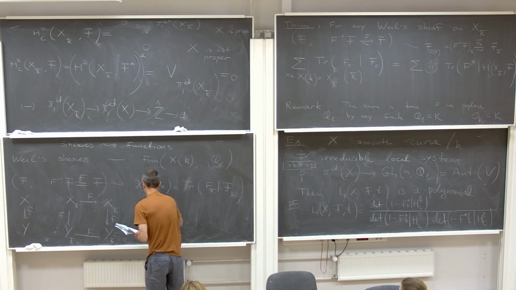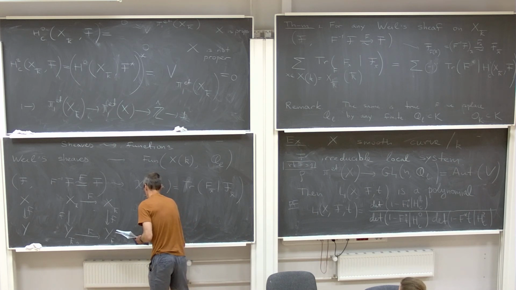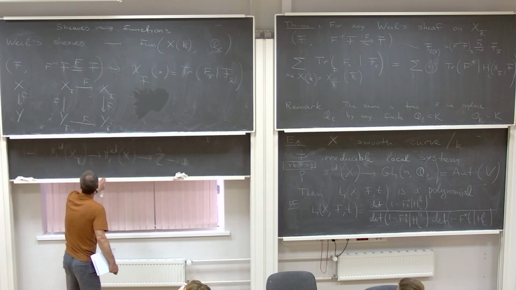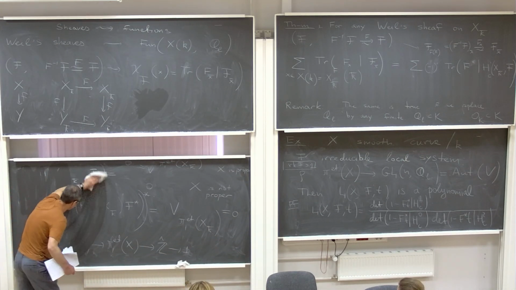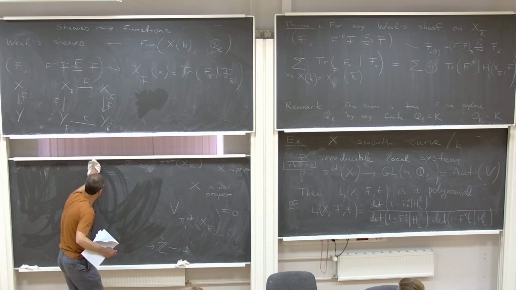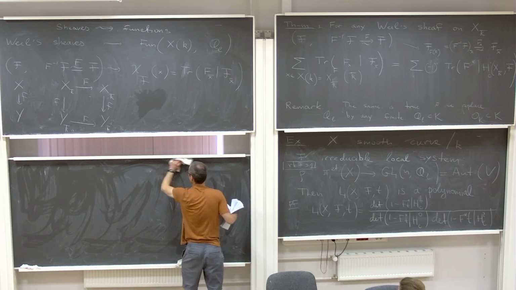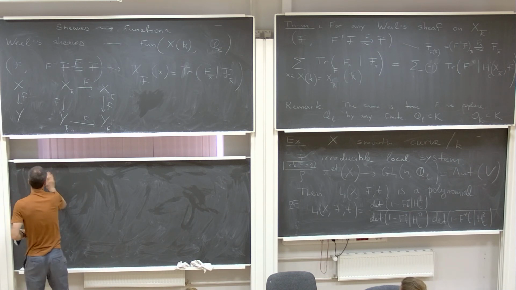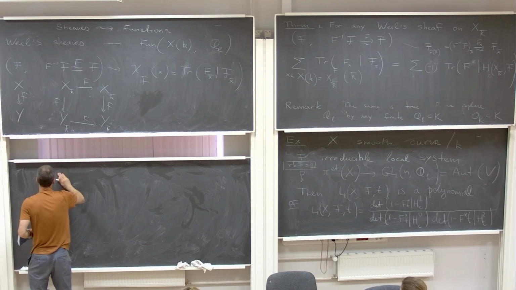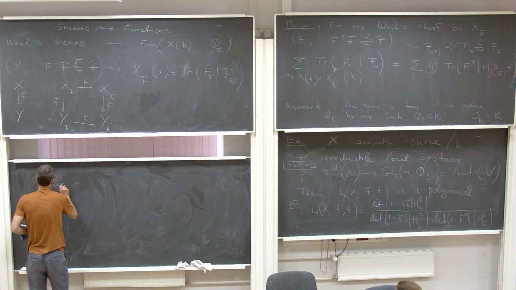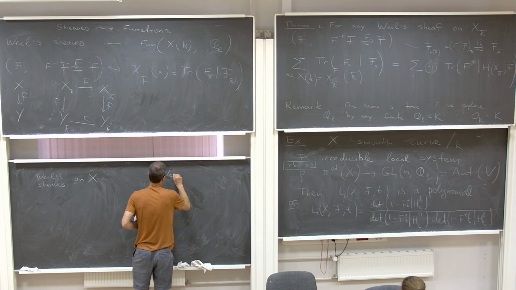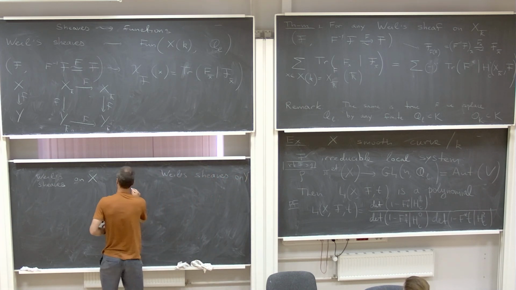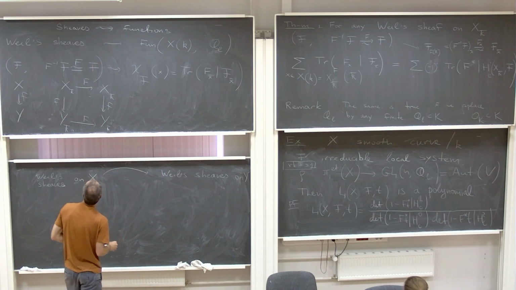Oh, maybe I will write it here. So if I have Weil sheaves on X, here I have Weil sheaves on Y, and here I have functors. I have two functors.